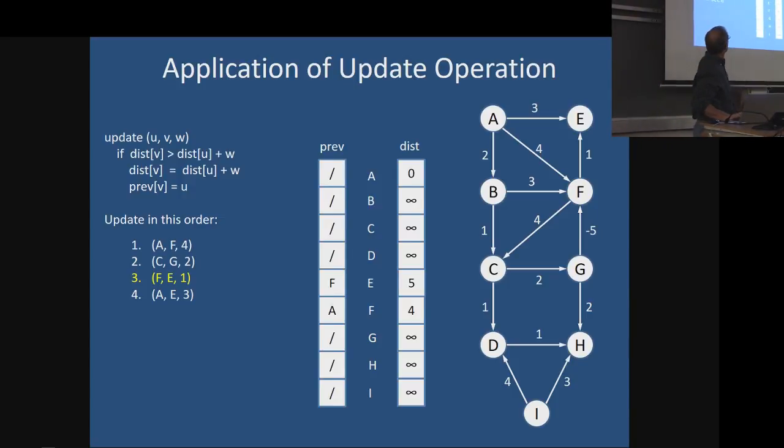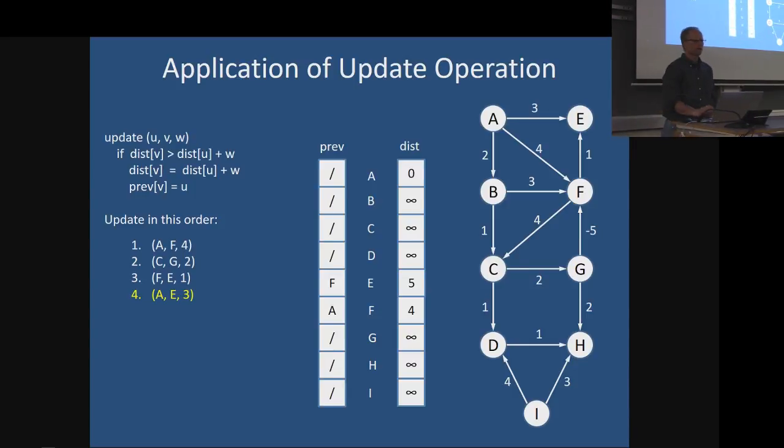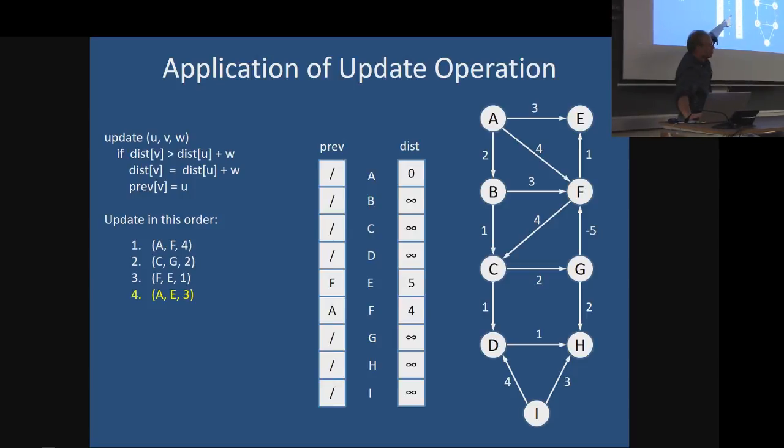So it changes that entry. Now, what happens when we do that update, AE3? Yeah, E gets updated to 3. We know a way to get there costs 5, but getting there via 3 is better, and so we're going to change E's distance to 3, but also its parent to A.